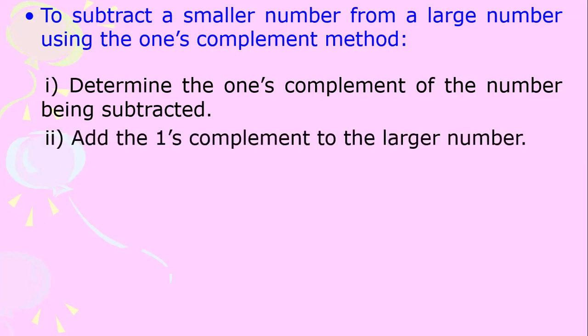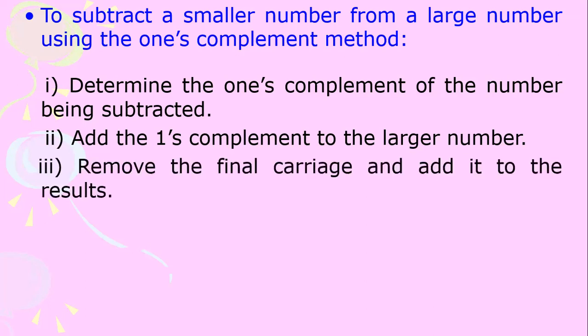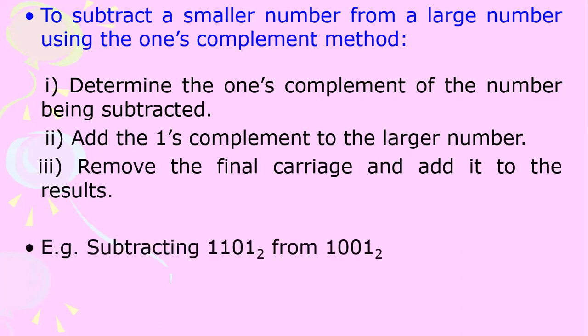Then add the ones complement to the larger number. From there, remove the final carry and add it to the results. For example, if you want to subtract 1101 binary from 1001, what do you do?